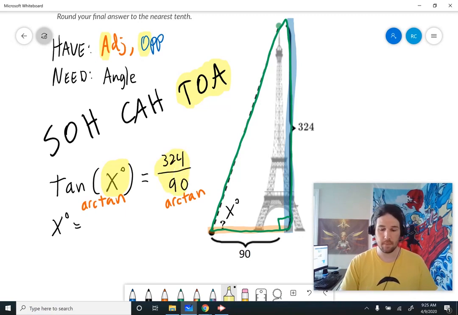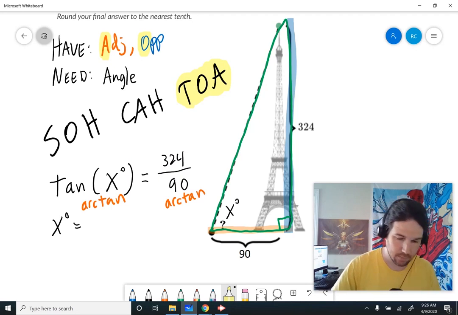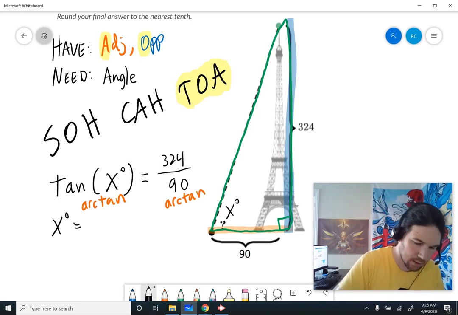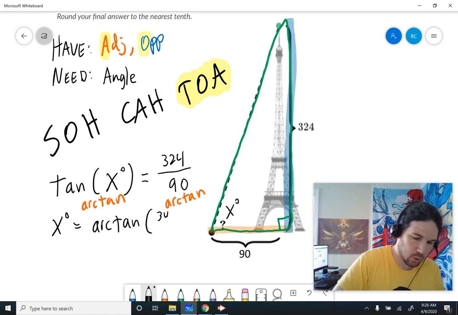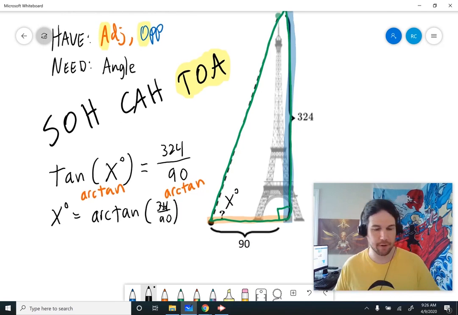All right? With arctangent, you put in the ratio, and it will tell you what angle is associated with that ratio. So we get x equals the arctangent of 324 over 90. Great handwriting, Cunningham.